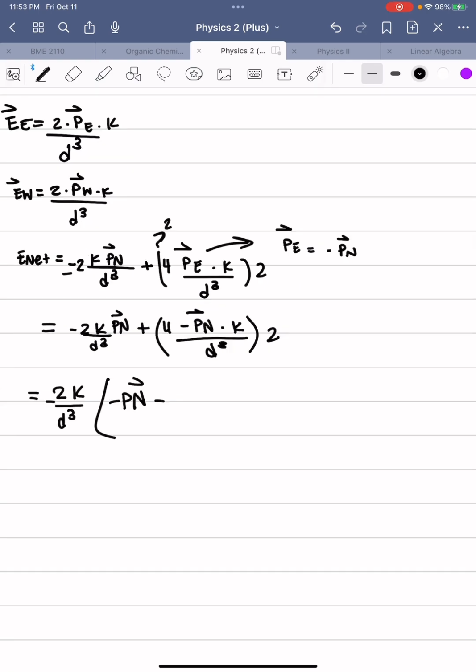Okay, so it's going to be negative 4 P north. Yeah, I'm sorry, I didn't make that clear.